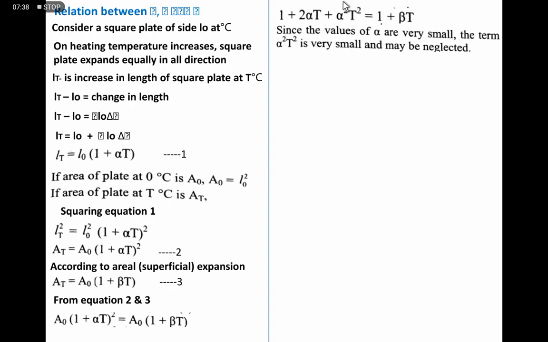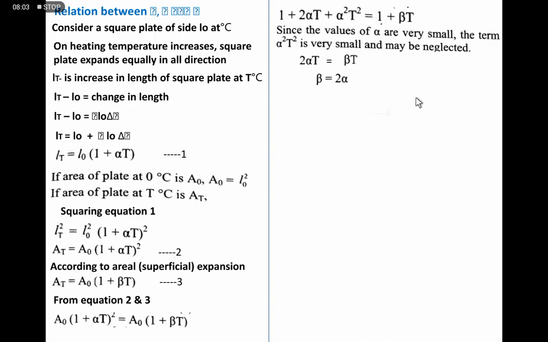So the equation becomes 1 plus 2 alpha T equals 1 plus beta T. Again the 1 is cancelled and we get 2 alpha T equals beta T. T cancels and the equation will be beta is equal to 2 alpha.